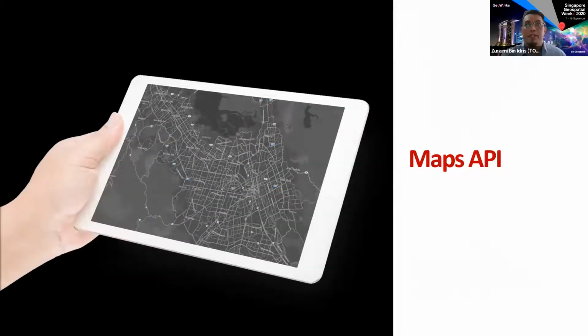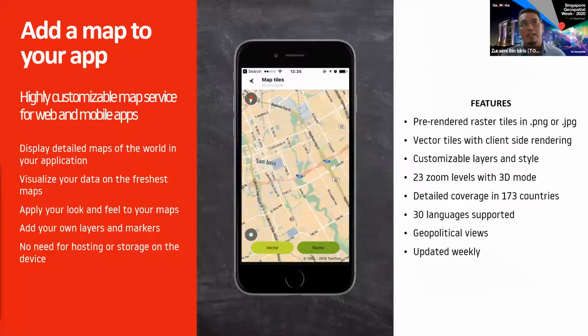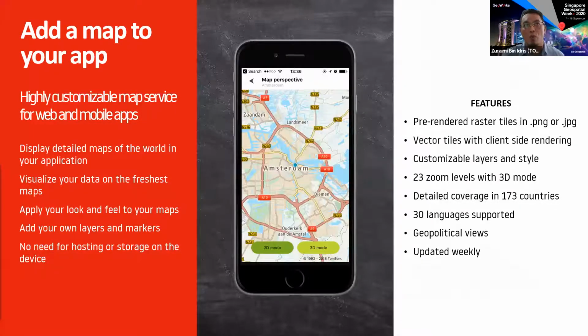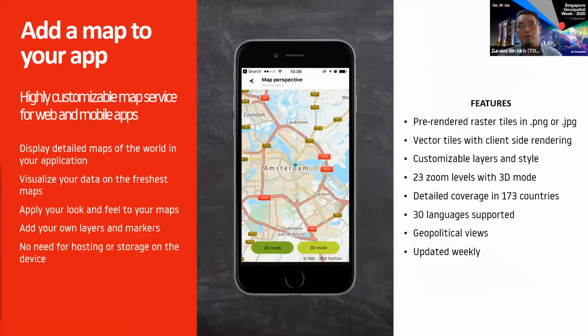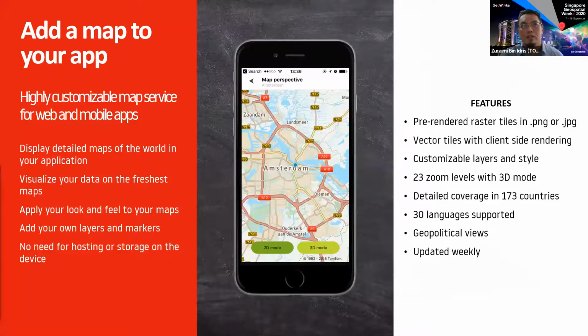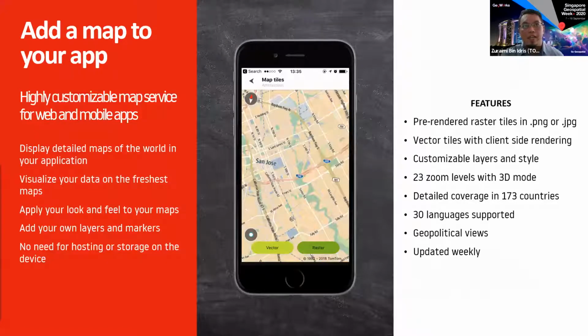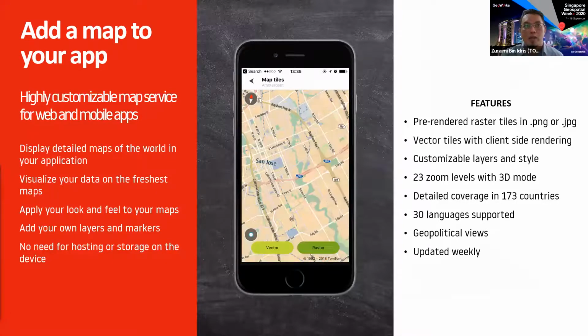Maps API. The Maps API is a highly customizable map service for web and mobile apps. It displays detailed maps of the world in your application. Visualize your data on the freshest maps. Apply your look and feel to your maps. Add your own layers and markers.